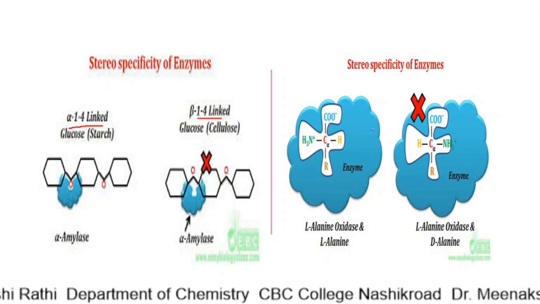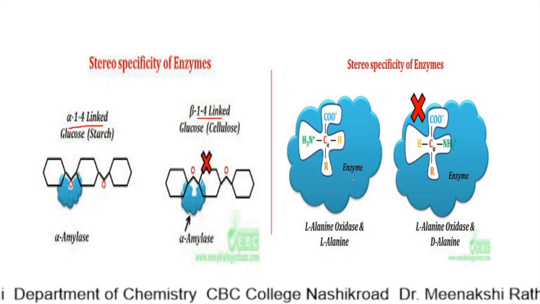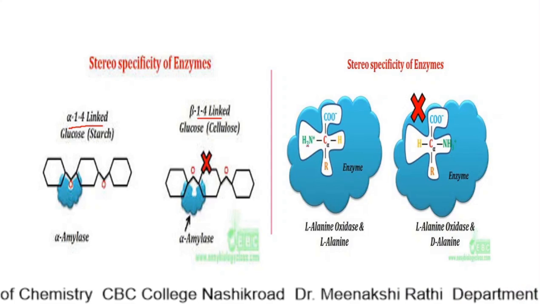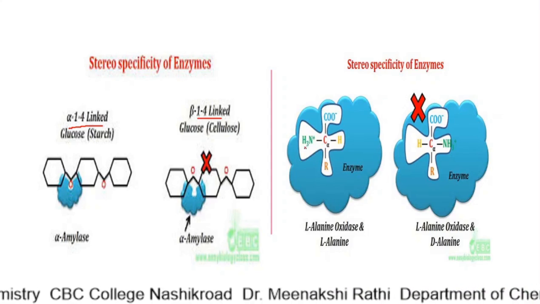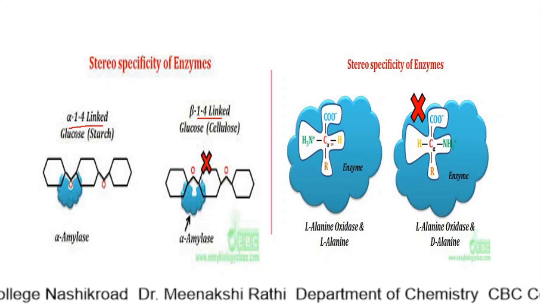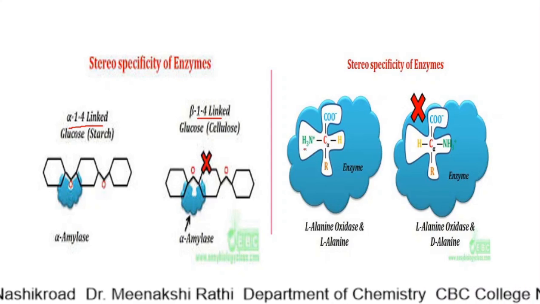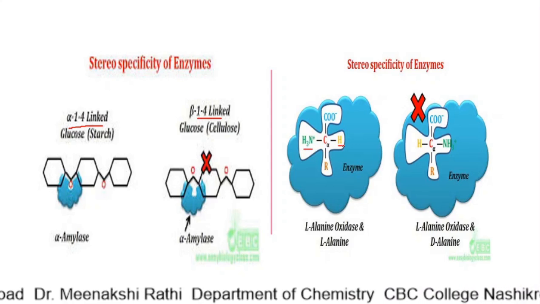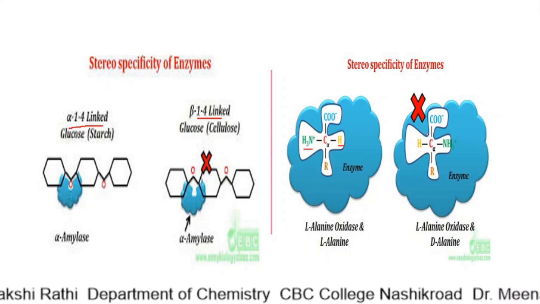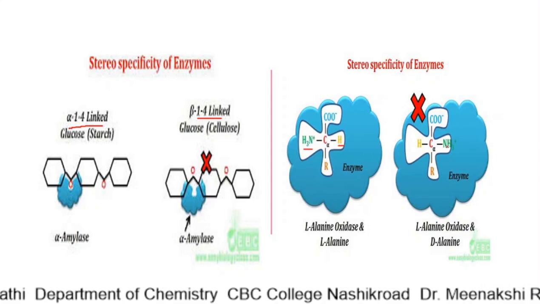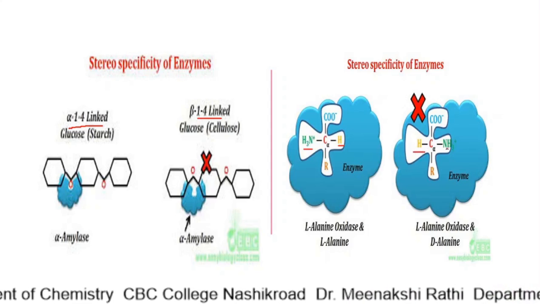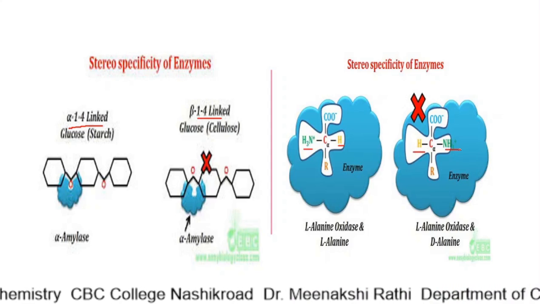See here, this blue part is the enzyme, and this is a substrate. In this substrate, this is an amino acid and it is an L amino acid because NH3 is on the left side and H is on the right side. Here the amino acid structure is the same. The only difference is here H is on the left side, NH3 plus is on the right side.